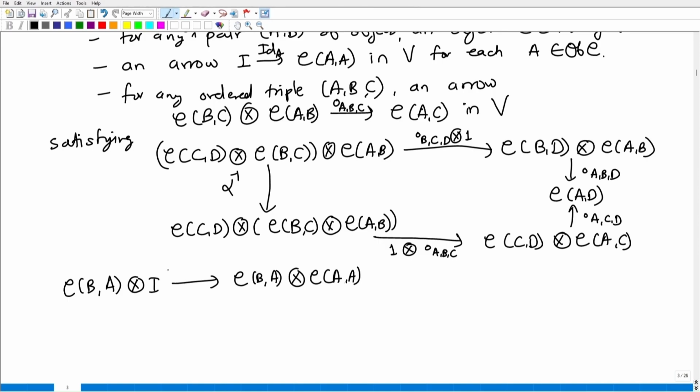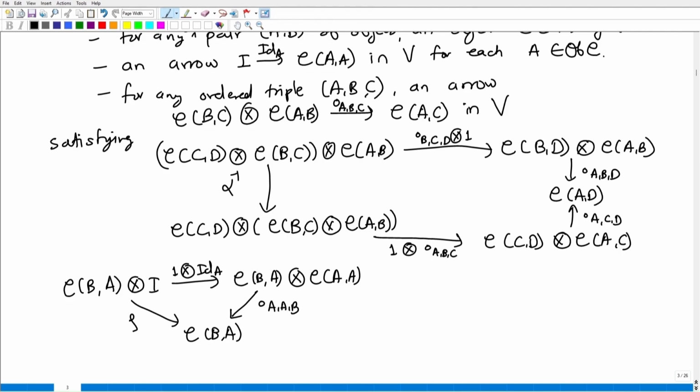What is this arrow? One tensor id_A. From C_BA to I, we have just C_BA, and this is the appropriate right identity in the monoidal category, so it's rho of C_BA. And over here, we have composition AAB.